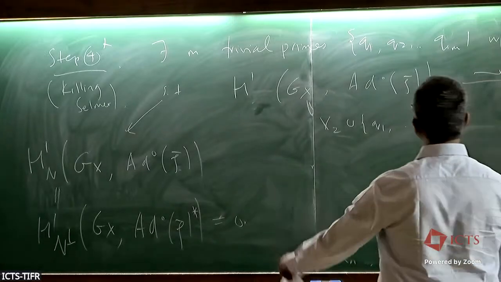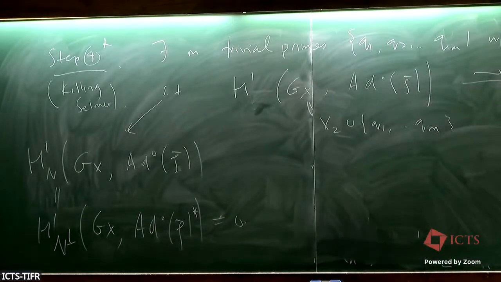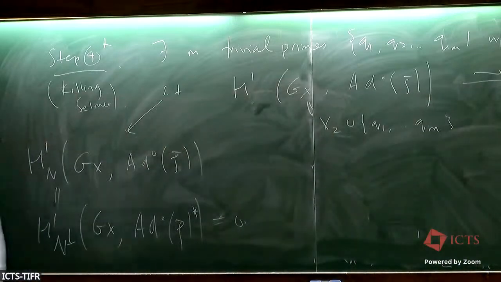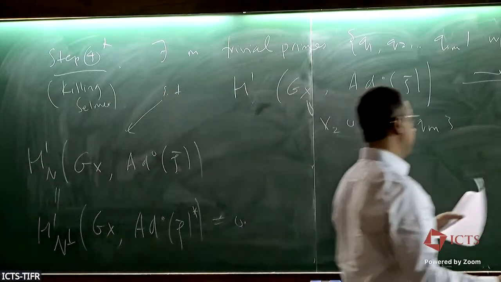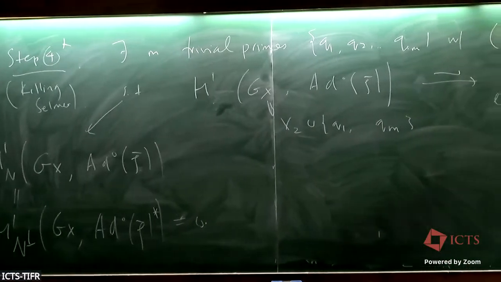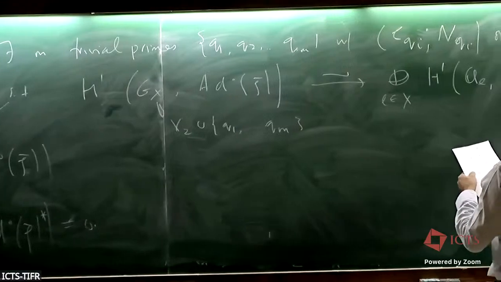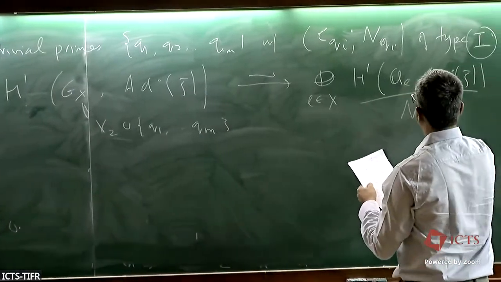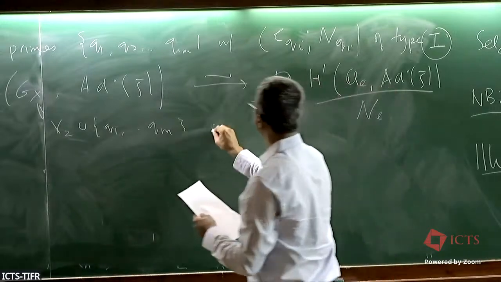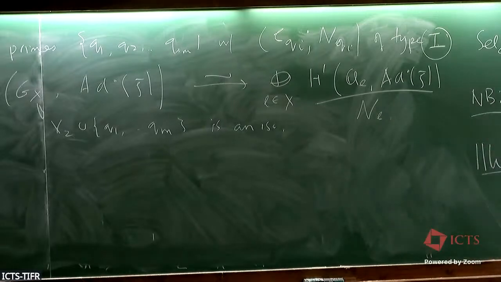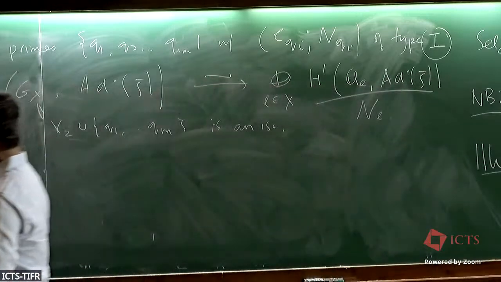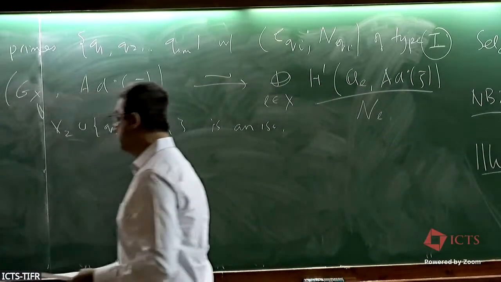So because of this, the restriction map here is an isomorphism because the kernel and co-kernel vanish. The kernel is by definition the Selmer group, and the co-kernel, by Poitou-Tate, also vanishes.